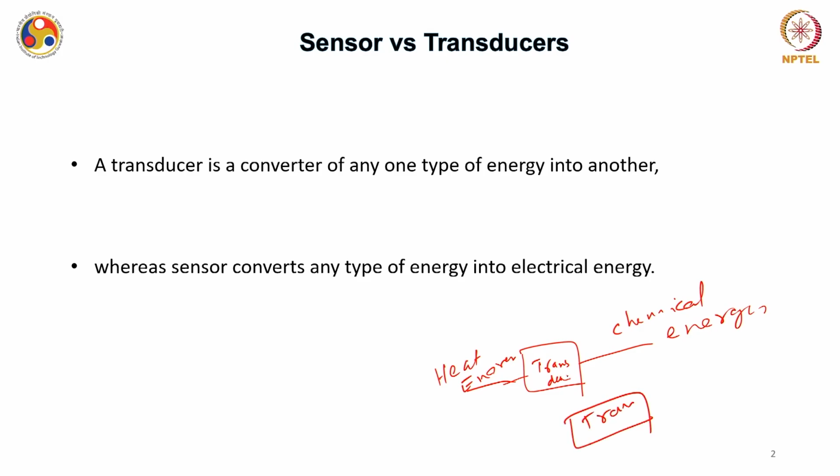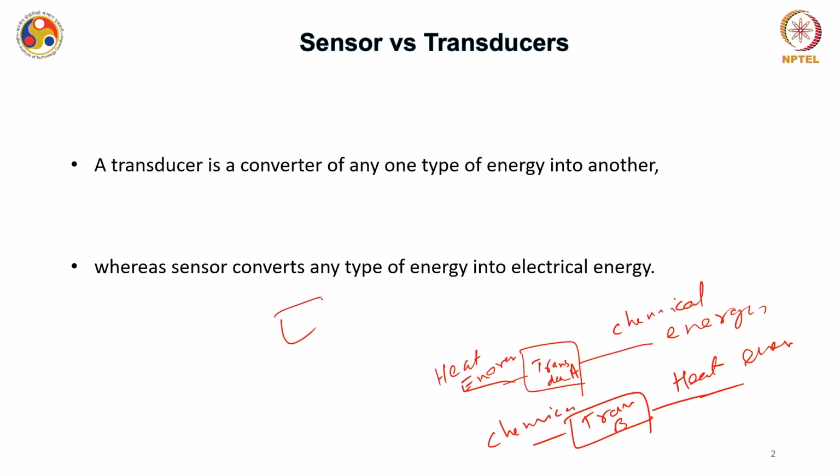So this is transducer A, this is transducer B. It can convert, say, chemical energy to heat energy. This is how the transducer actually works. Whereas the sensor, particularly the electrical sensor that we may discuss in brief, but we will focus mostly on the transducer, converts any type of energy into mostly electrical energy.